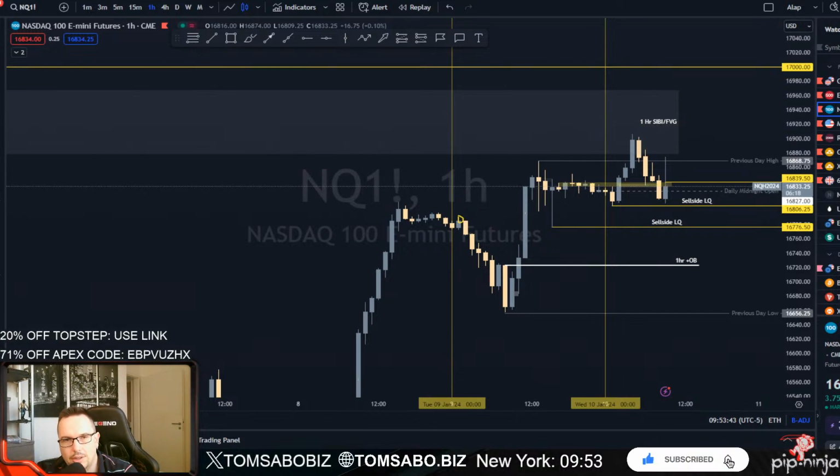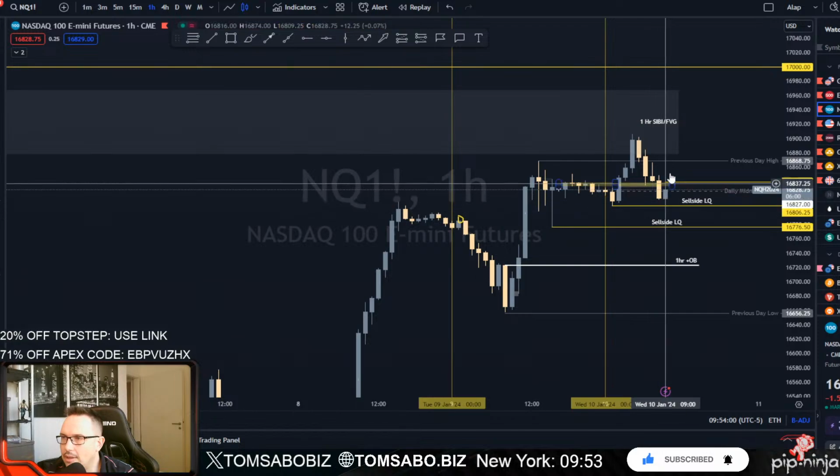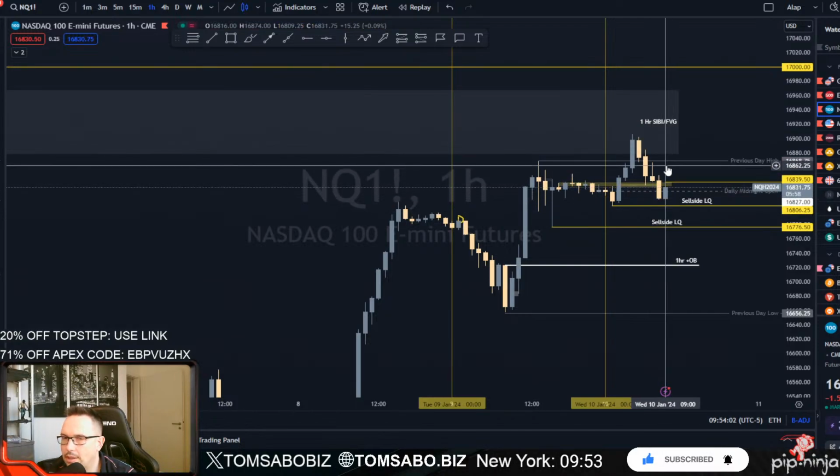Tried to push higher, didn't really succeed there as well. So it might try to take the London lows once more. So it could go below the 806 level. Yeah, this 1 hour wick is pretty big.